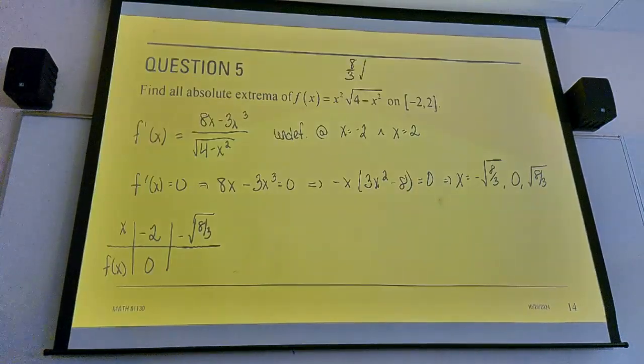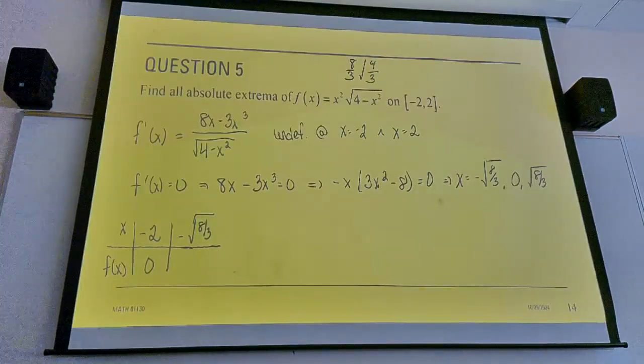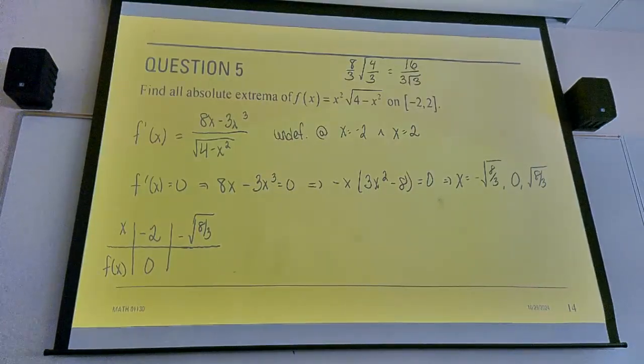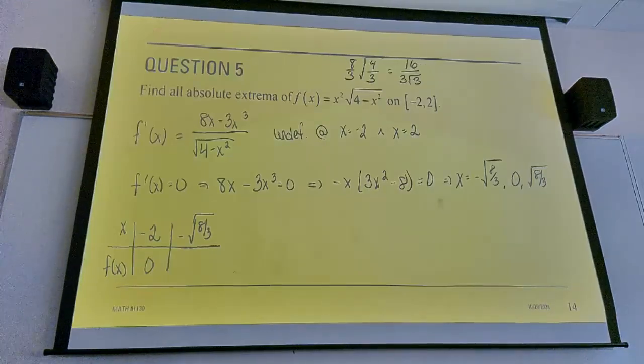What is 12 minus 8? So 16 over 3 root 3? Or 16 root 3 over 9?